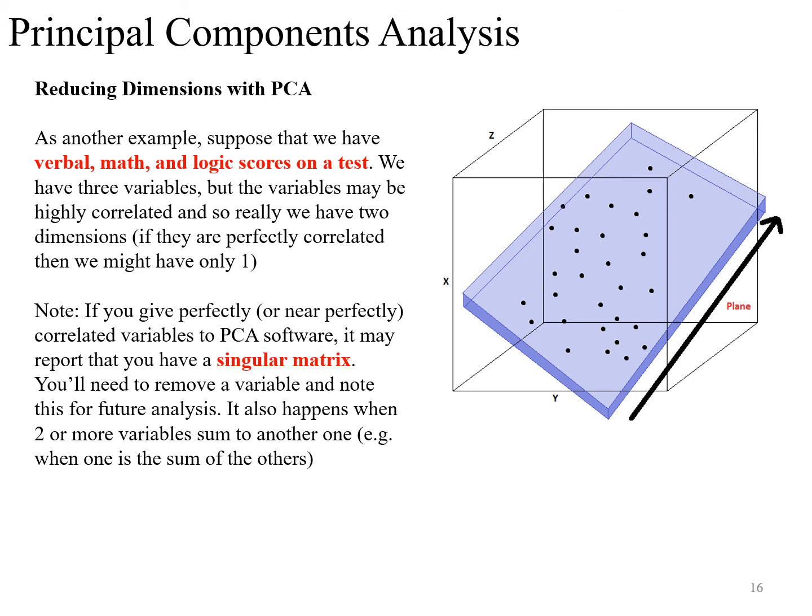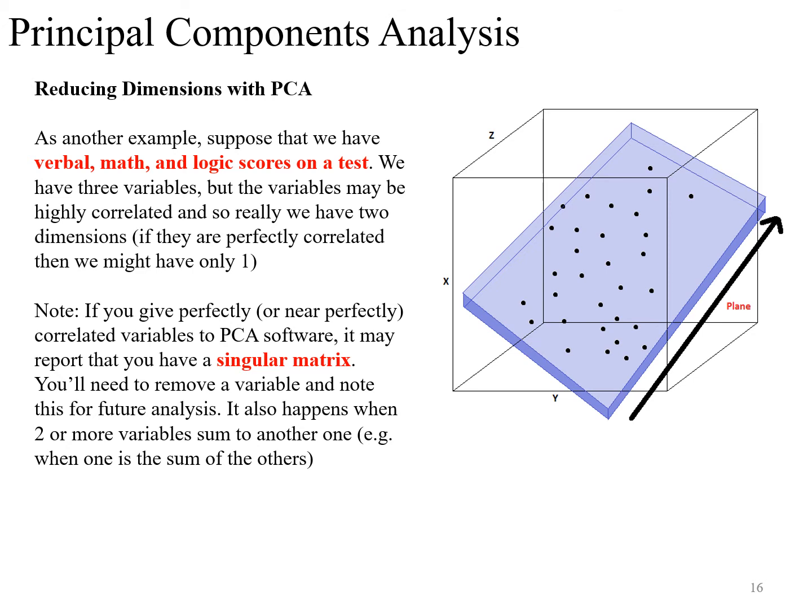Note that if you actually give perfectly or very nearly perfectly correlated variables to PCA software, it very often gives you an error that refers to a singularity or a singular matrix. In that case, you have to remove a variable, or possibly more than one variable, in order to get rid of those perfect correlations.